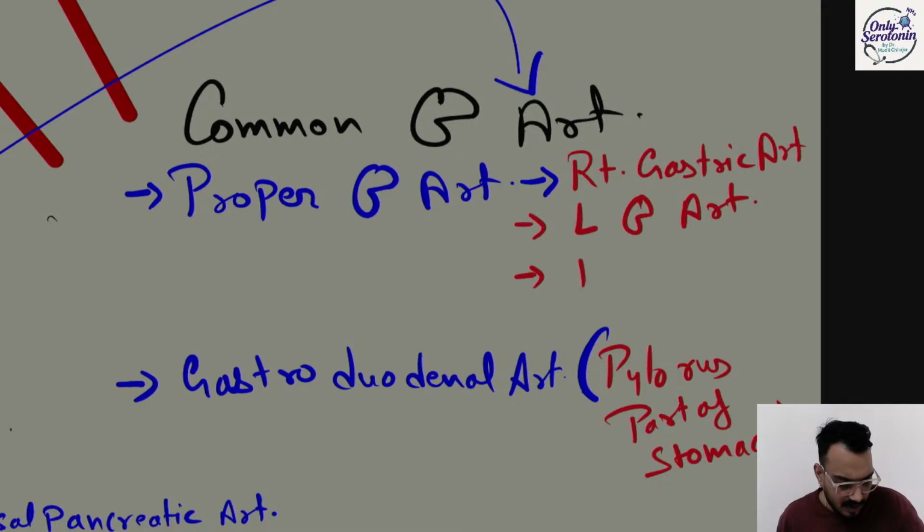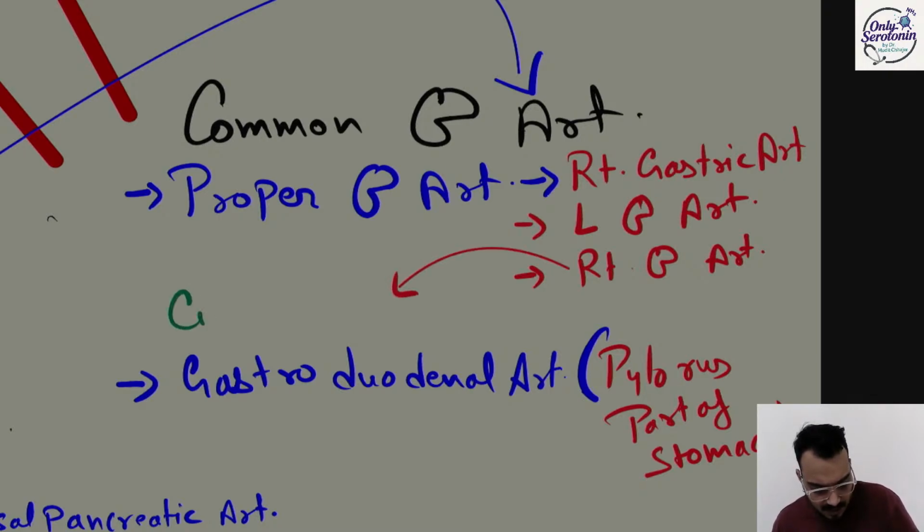Then I am having right hepatic artery. This right hepatic artery is going to give me one more branch which is going to supply my gallbladder. The name of this artery is cystic artery.